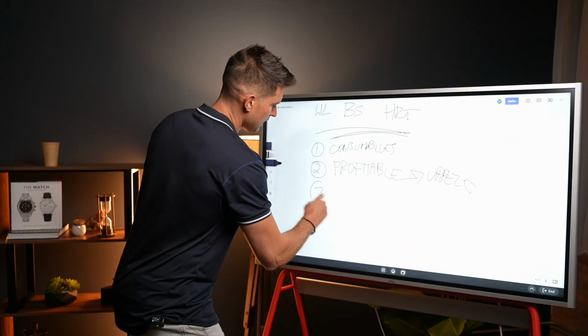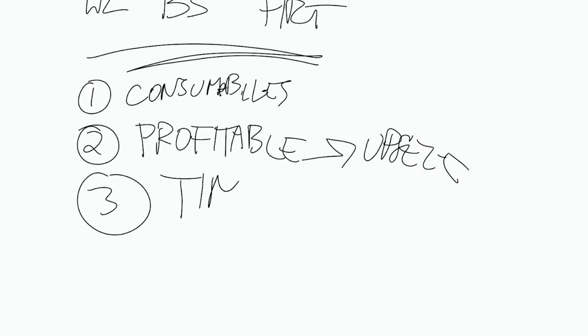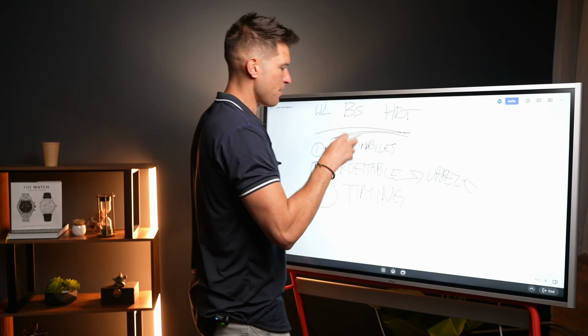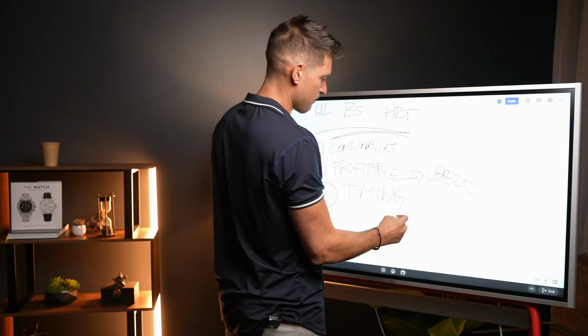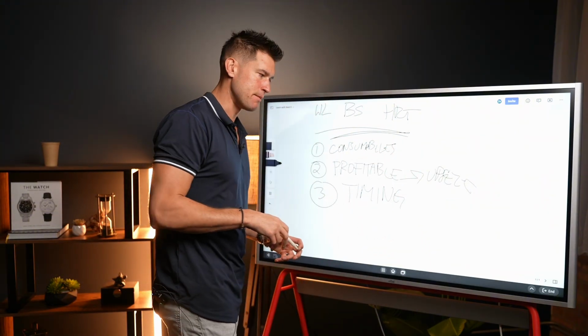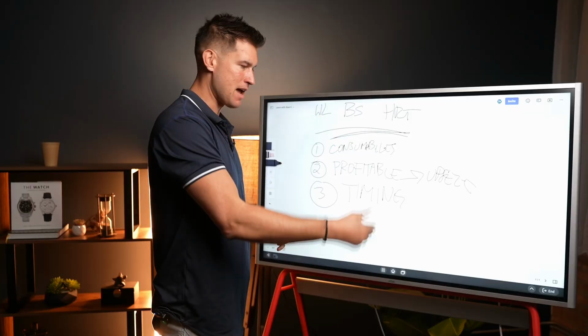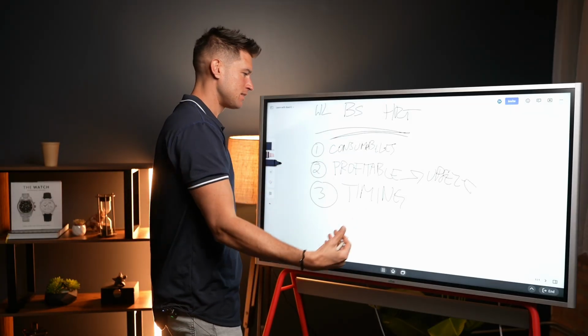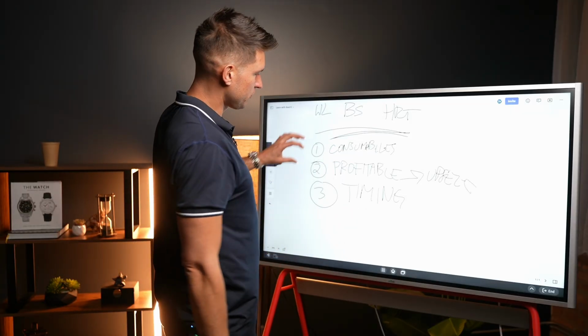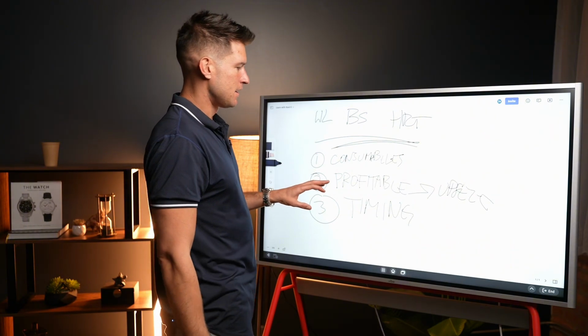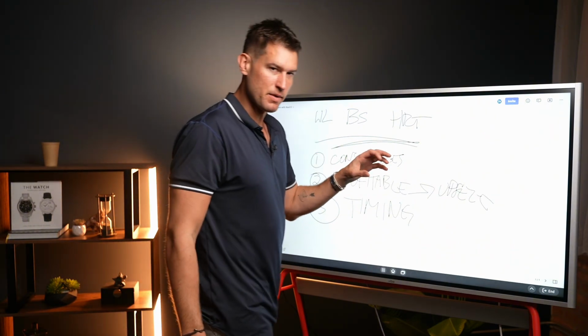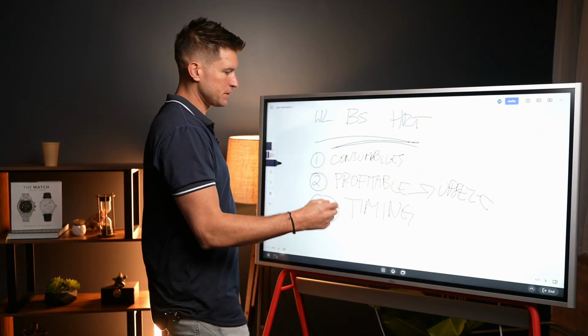And three, timing. This is where I'm going to get the best return on investment on my money for this particular advertising campaign in a short amount of time, because I have staff, rent, and devices to pay. Those three things help me determine where I'm going to make the most money for a particular offer.